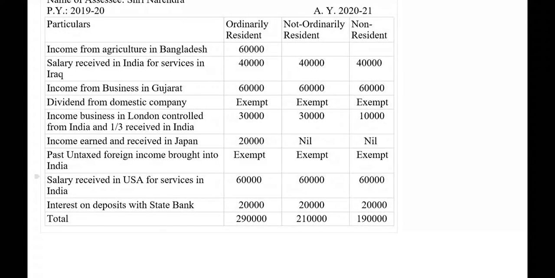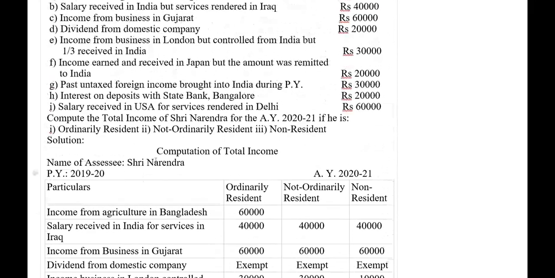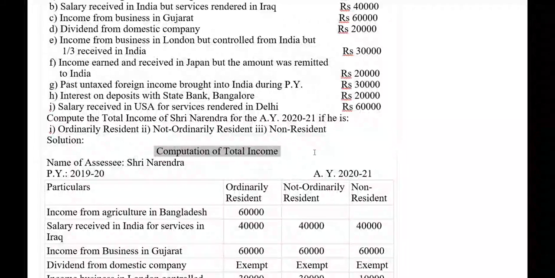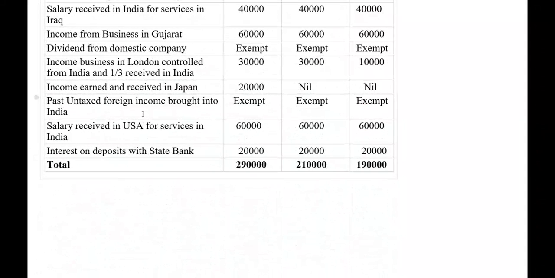So this is the answer for the question. This is how we need to compute the total income. Either this can be written as a note, or else you can write it here itself. Both are correct. Thank you.